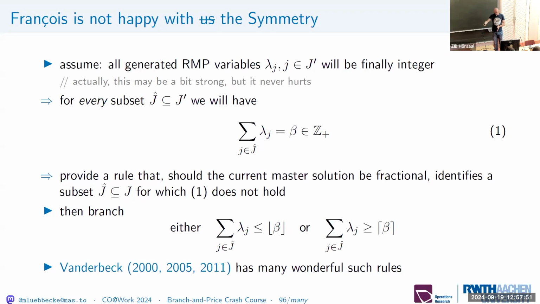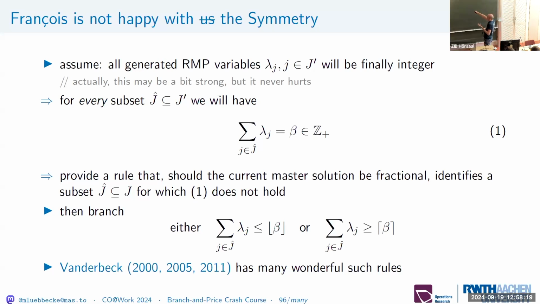So the idea is to provide a rule that, when I have a fractional solution in the master, identifies a subset of the variables which is guaranteed to have a fractional sum. And when I have such a subset, this J hat here, then I can branch on the sum of the variables contained in this subset.